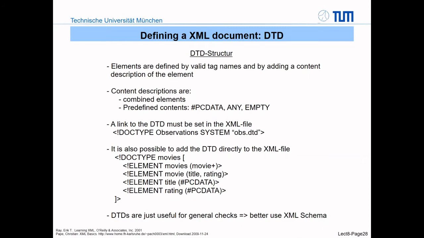It is also possible to add this DTD directly. Instead of having a link to this external file, you can directly add it to the XML file. But then if there are changes, you always have to do updates there. And it's much better if you link it. So you can have this doctype declaration directly in the XML file.